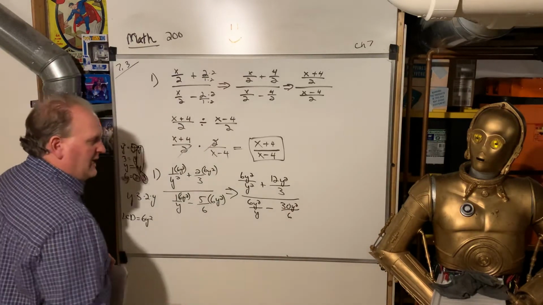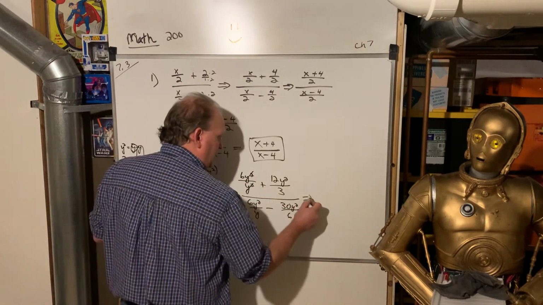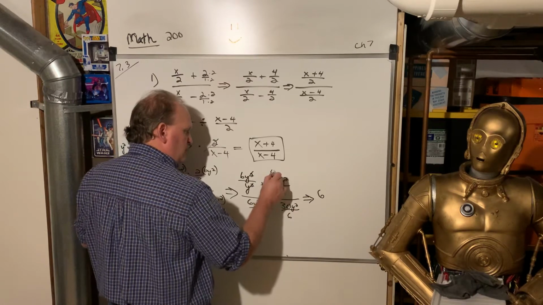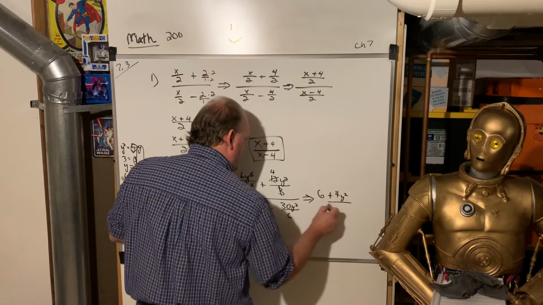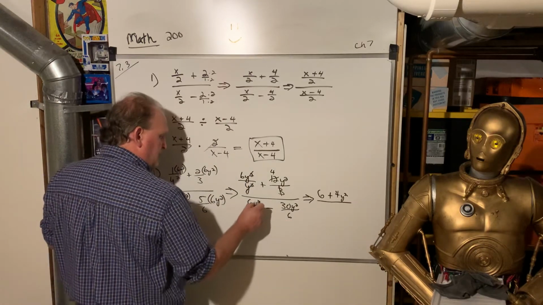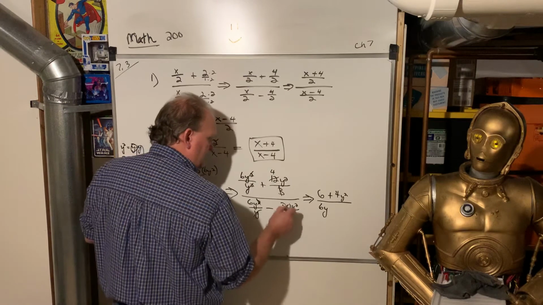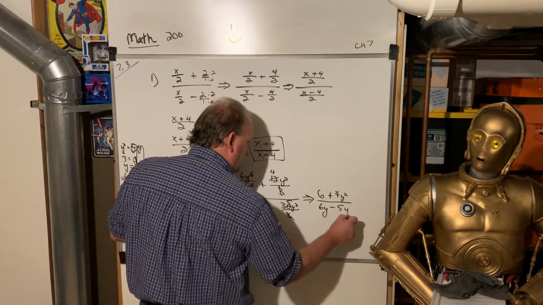So think about what's going to happen. The y squareds are going to cancel. And I'm going to get just 6. 3 is going to go into 12 4 times. That'll be plus 4y squared. One of the y's will cancel off, so 6y. And 6 goes into 30 5 times, so minus 5y squared.